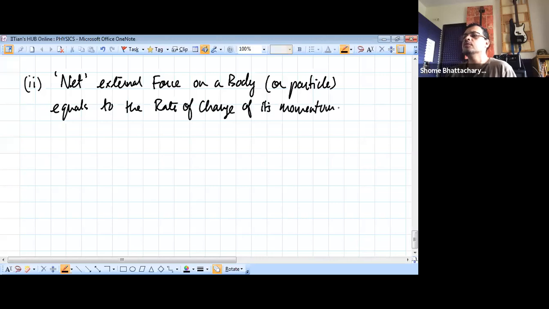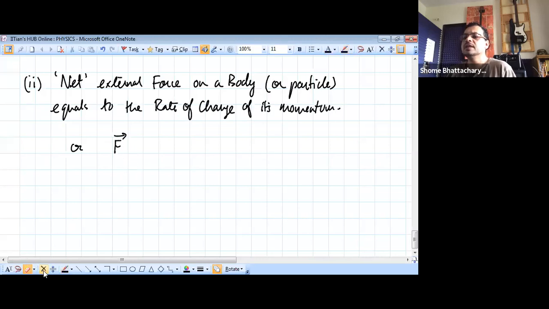Not mass into acceleration. That's not the statement. The statement of Newton's second law is to do with the rate of change of momentum. So in equation form, we write it like this.